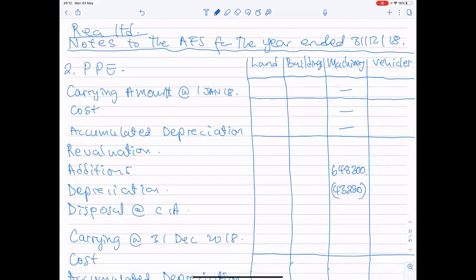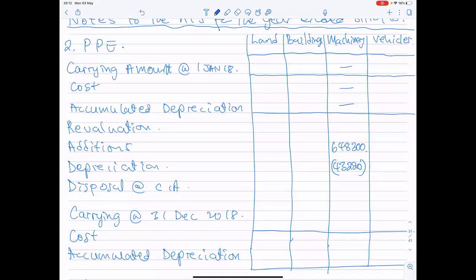Right. Nothing happened to the machinery at the end of the year. So the cost is still the same, 648,300. And accumulated depreciation at the end of the year will be the opening balance plus the amount in the current year. Then you get your closing balance. So it will be 0 plus 43,220. So it will be 43,220 there.